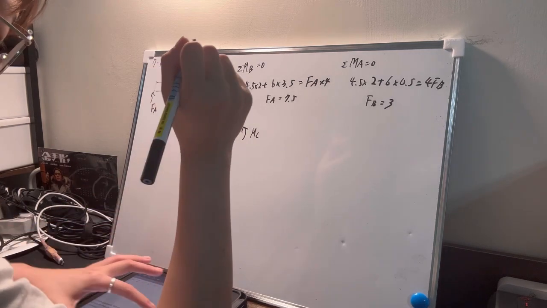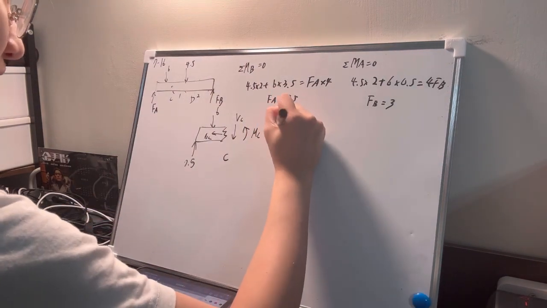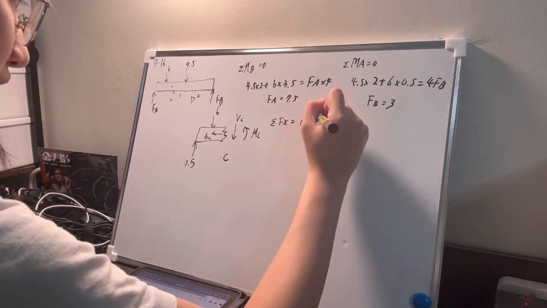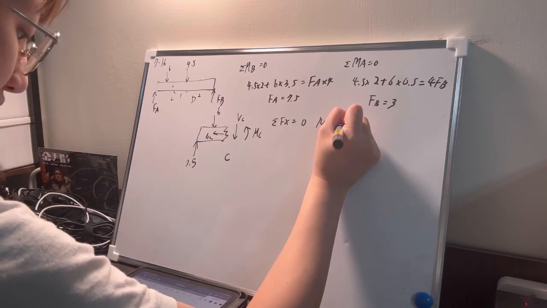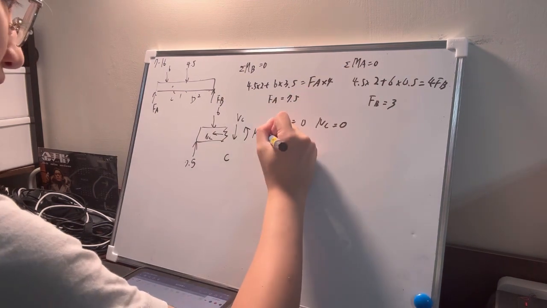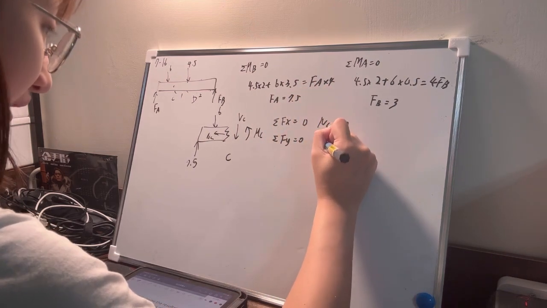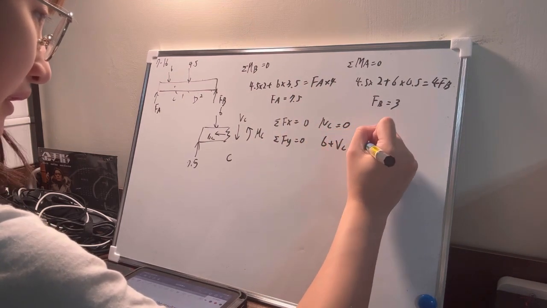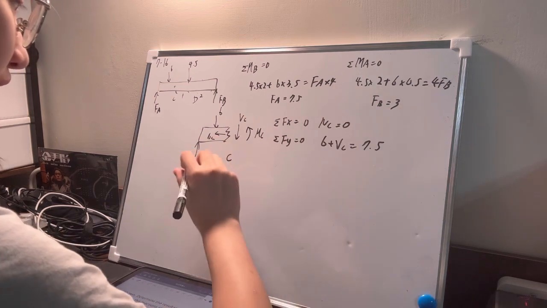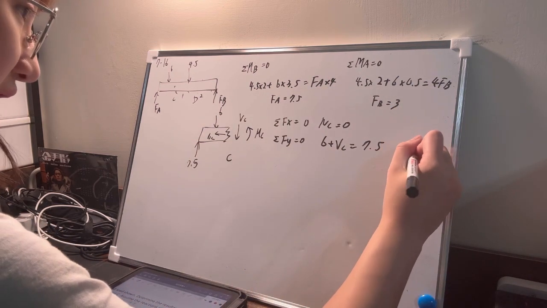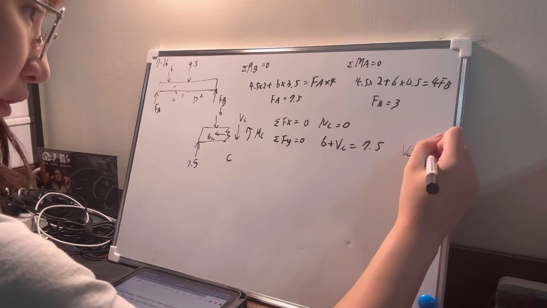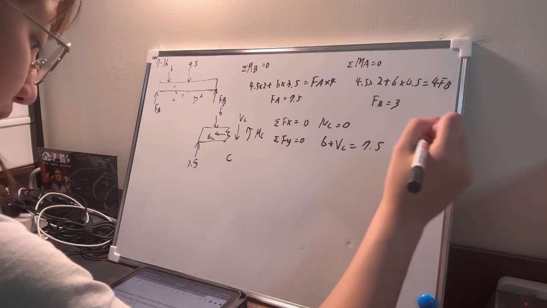7.5 here. So if summation Fx is equal to 0, NC is also equal to 0. And if summation Fy is equal to 0, then 6 plus VC is equal to 7.5 here, so VC is 1.5 kN here.